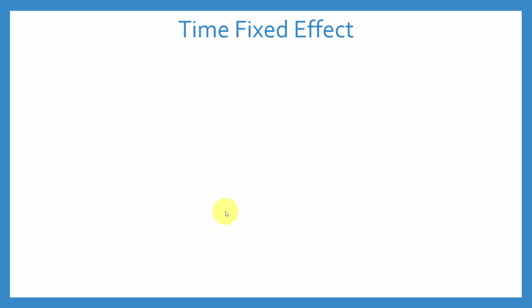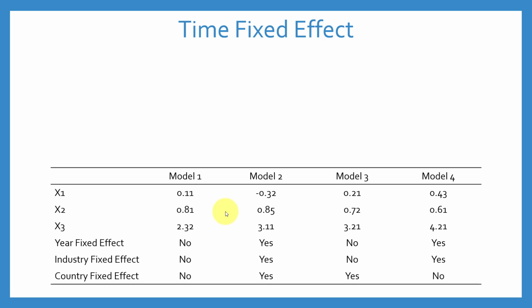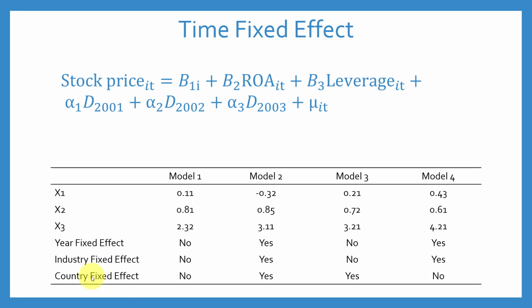Okay. At the same time, I also want to introduce this idea of time fixed effect. In multiple researches, you would have seen year fixed effect or industry fixed effect or country fixed effect. So what they do is they introduce a different dummy for each year if that is a year fixed effect, or a different dummy for each industry if that is an industry fixed effect, or a different dummy for each country if that is a country fixed effect.